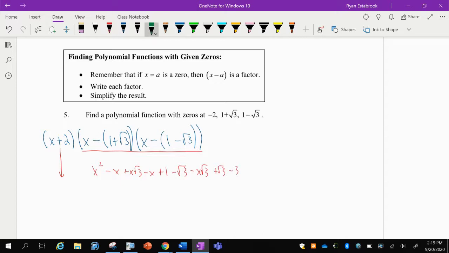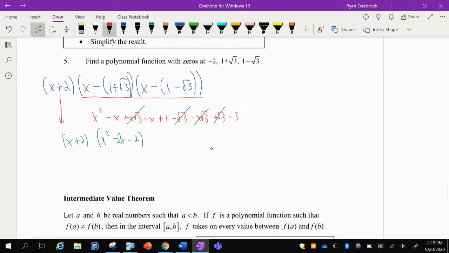Combining all these terms, we are going to run into some opposites here. Positive and negative x root 3, positive and negative root 3, so those radicals got moved out. There's x squared, there's a negative x, and then another negative x, we have minus 2x. Combining those, and then 1 and a -3 makes -2.